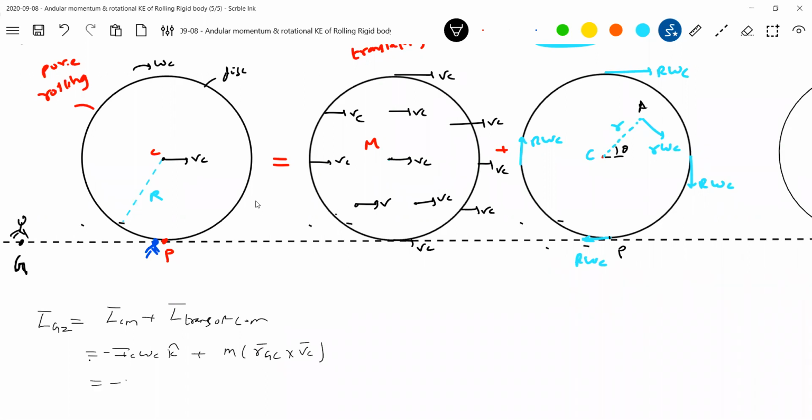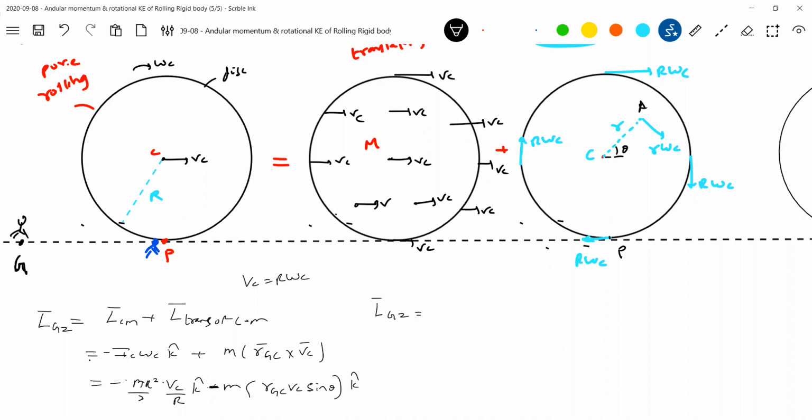This should be equal to, I took this as a disk, MR square by 2. And since it is pure rolling, what can this be? RGC VC sine theta minus K cap. How much should this be equal to? LGZ.